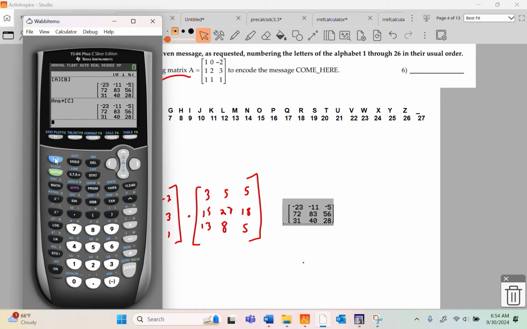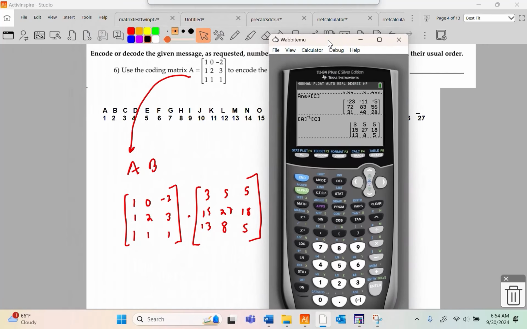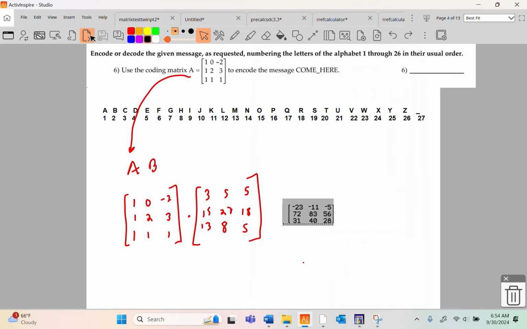Take the inverse of A, multiply it by C. I should get the original encoding back. 355, 15, 27, 18. So that's the encoding.